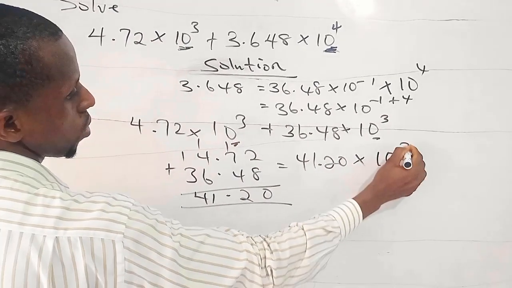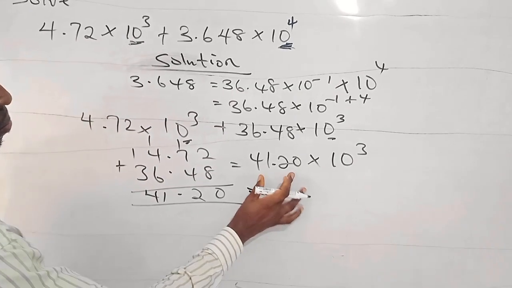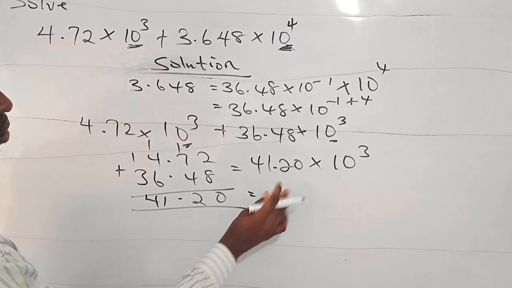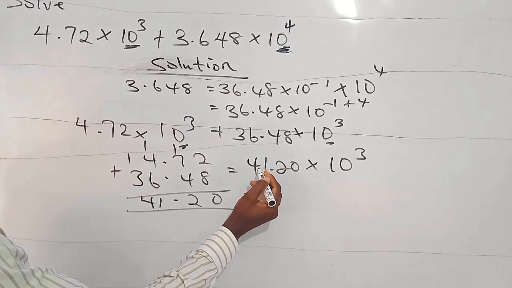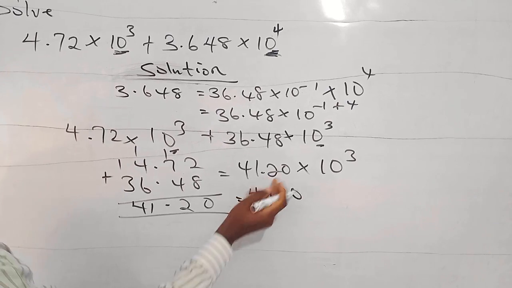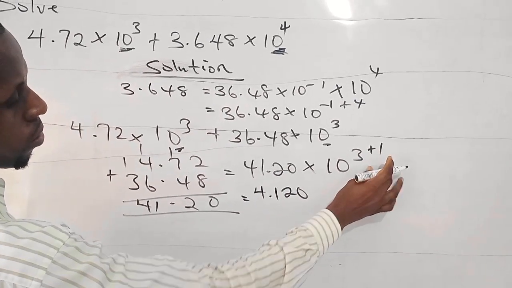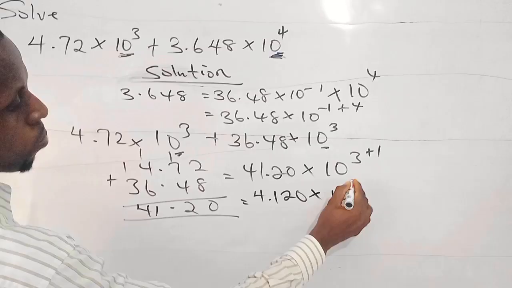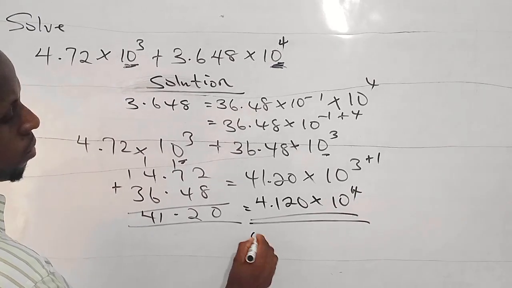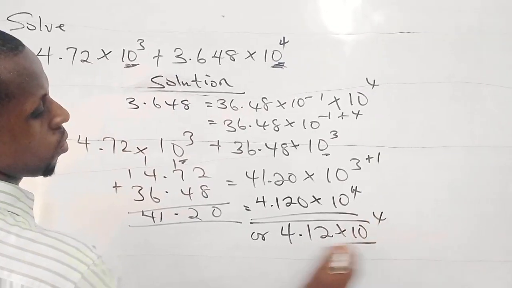From here I have to write this back in standard form, and to do that I have to bring back my 1, so that will be 4.120. I bring it back 1, so I have to add 1 to the exponent, so that is 10 raised to the power 4, or you write it as 4.12 times 10 raised to the power 4.